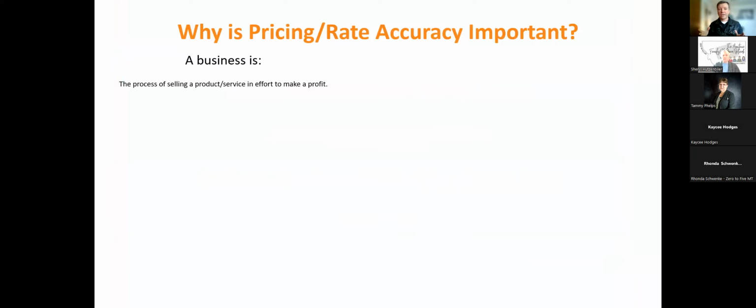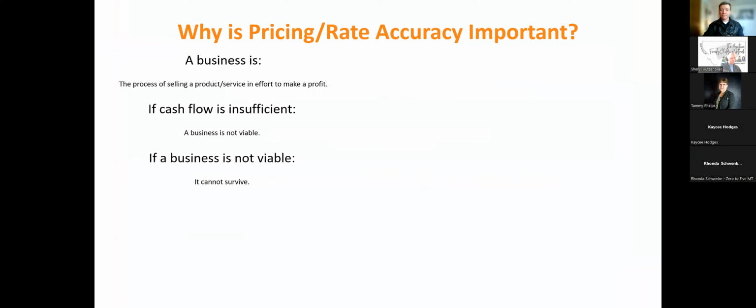Let's start by talking about why pricing and rate accuracy is important. Let's start with the definition of a business. A business is the process of selling a product or service in an effort to make a profit. If cash flow is insufficient, your business may not be viable. If your business isn't viable, it may not be able to survive.